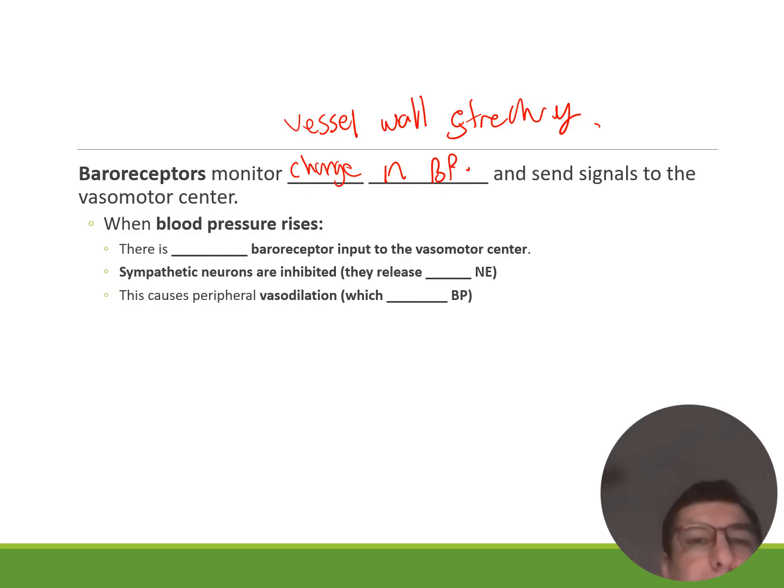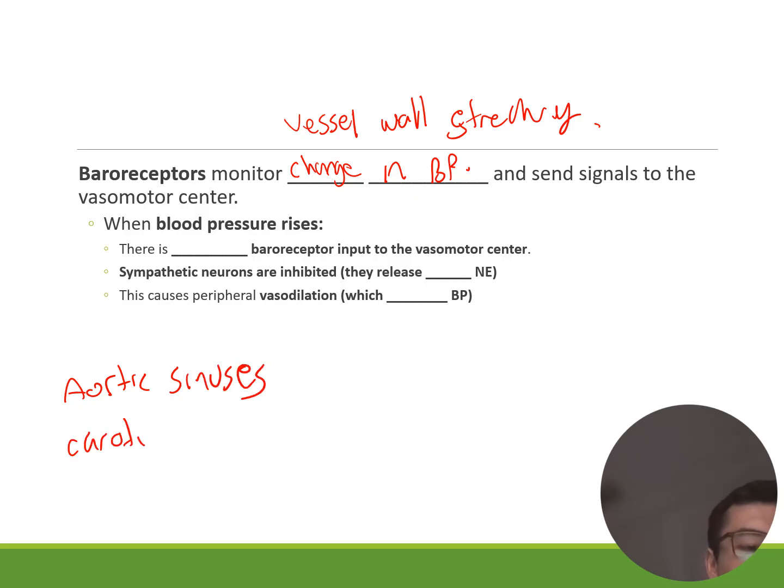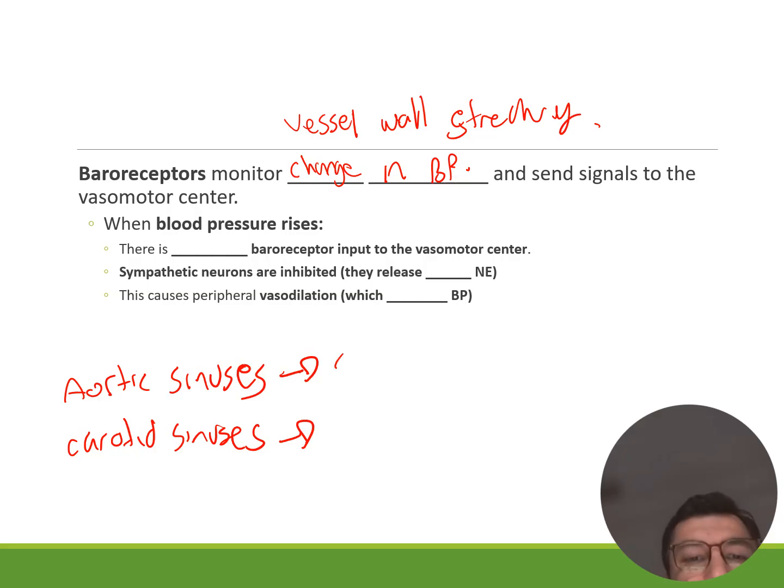When we talk about baroreceptors, there are two types. We have the aortic sinuses and we have the carotid sinuses. Now, the aortic sinuses are in charge of controlling perfusion to the systemic circuit, and the carotid sinuses are controlling blood flow to the brain.